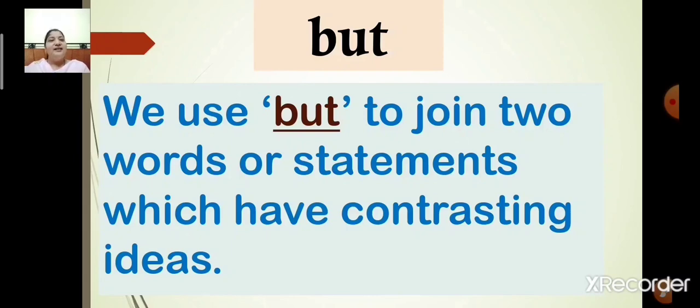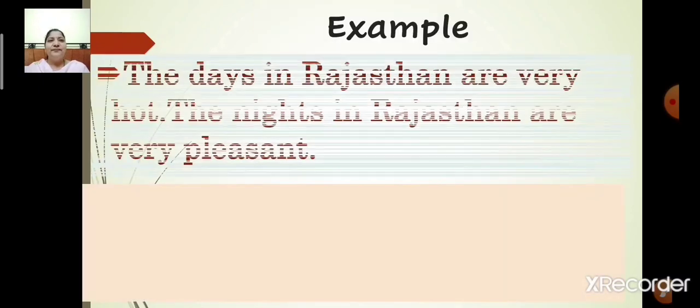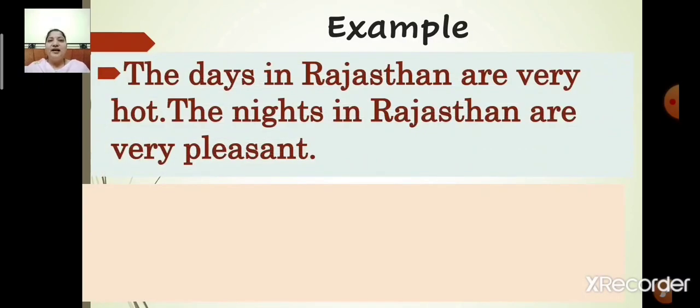Now children, let us go through the example. Now here there are two sentences. The days in Rajasthan are very hot. Full stop. The nights in Rajasthan are very pleasant. Now children, here there are two different sentences having contrasting ideas.